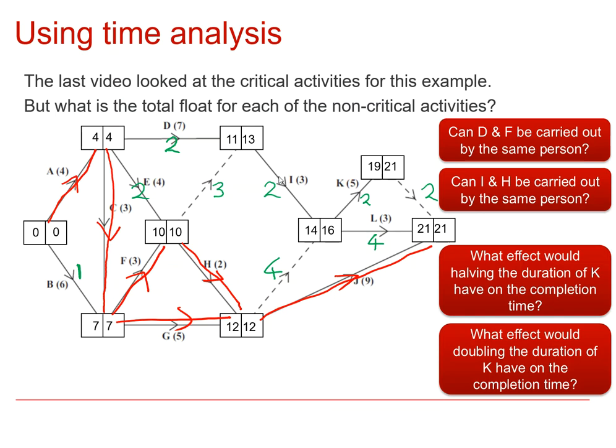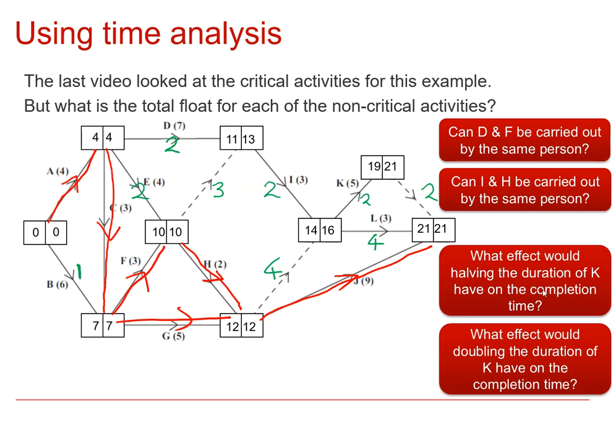And in fact, the answer is yes. So even though we could start I at 11, which would make it overlap, we could delay it until 12 or even as late as 13, and we can still make sure that it is completed by the latest finishing time of 16. So yes, I and H can be carried out by the same person.